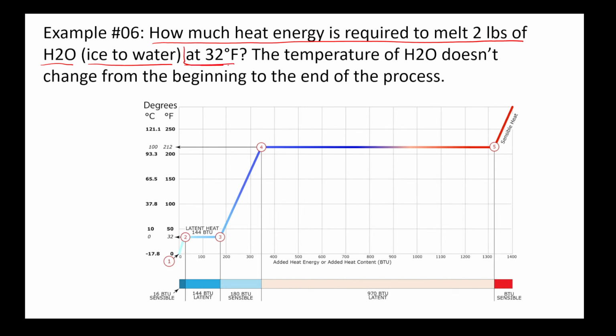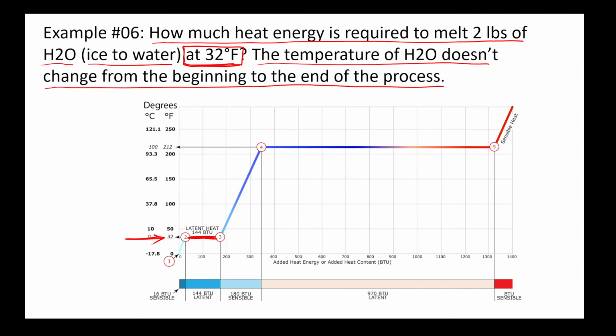Again, the temperature of H2O doesn't change from the beginning to the end of the process. So first of all we locate that temperature. It's here. If we're going to stay at that temperature, there is only one part of the graph that applies, which is 0.2 to 0.3 or 0.3 to 0.2.